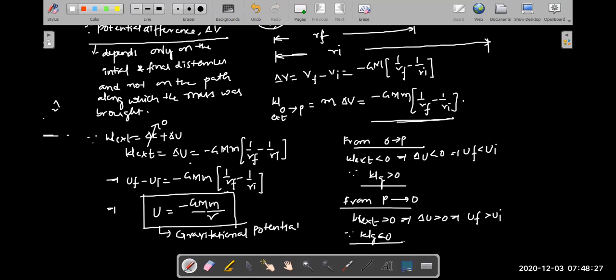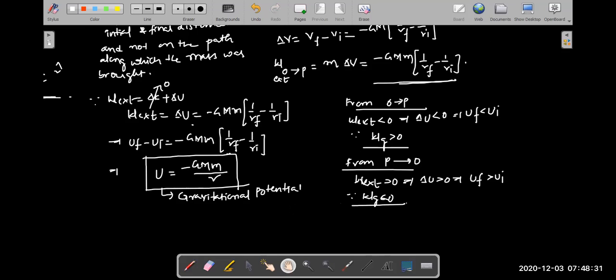If you remember, I think I've used this expression to show that in daily life, from this only we found that the gravitational potential energy at a height h is mgh. Remember? Do people remember that? I think you have forgotten.